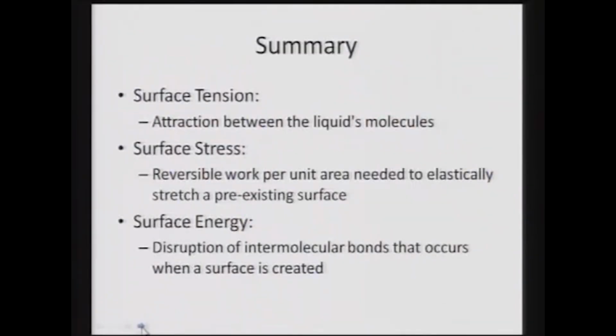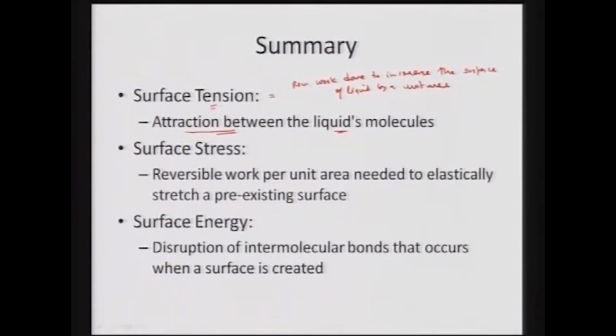So in summary, surface tension is given by the reversible work which is done to increase the surface of a liquid by a unit area, and that creates the attraction between the liquid's molecules.